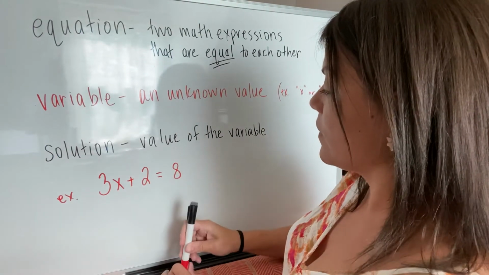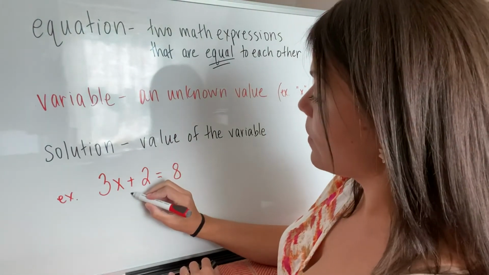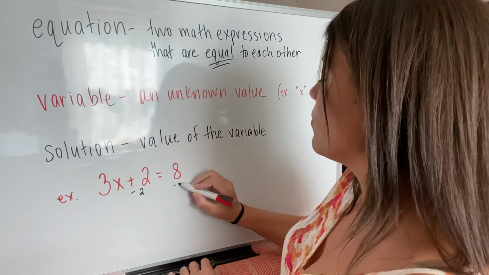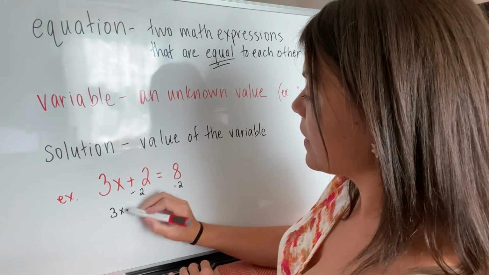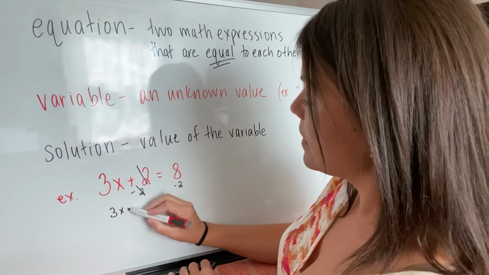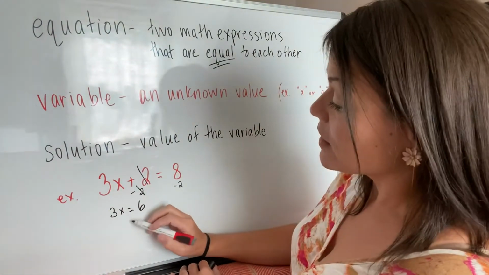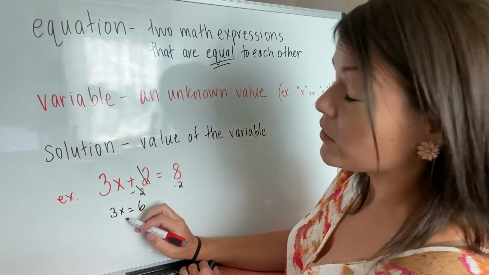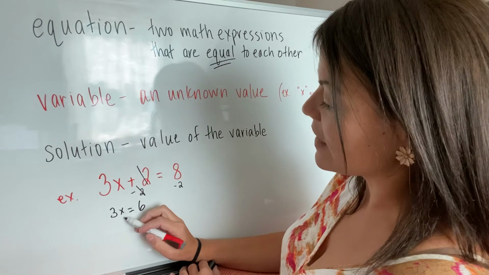So I'll switch colors again to make it a little easier. First thing I'm going to do is take away this 2, subtract this 2 from both sides. And when I do that, I'm going to have 3x, this is going to cancel out, equals 8 minus 2, which is 6. Then I'm going to look and see what I need to do to get rid of any number with that x, again, that variable.